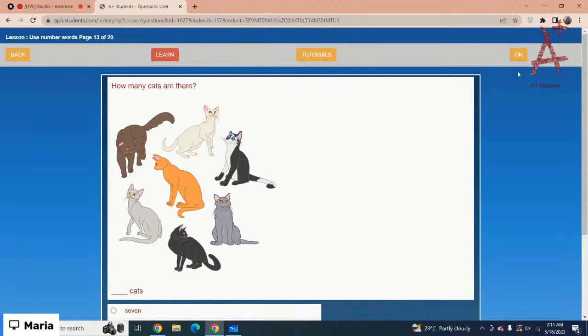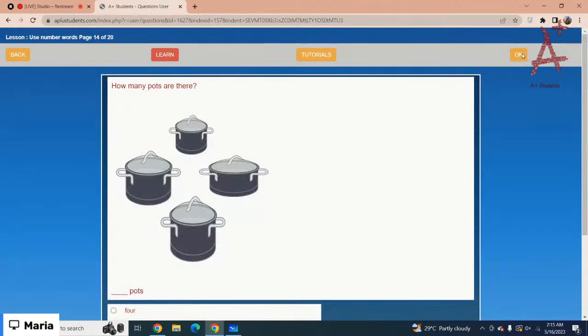Seven cats. The correct option is seven. How many pots are there? Four pots. The correct option is four.